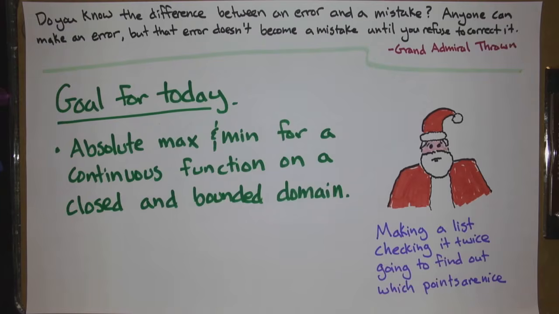Lots of us make errors. I make errors a lot. I've been feeling that way for the last week and a half, where I've made a lot of silly errors. It's okay to make errors. Making errors is not a sign that you are a bad mathematician or you're going to be a bad engineer or whatever discipline you choose to pursue.